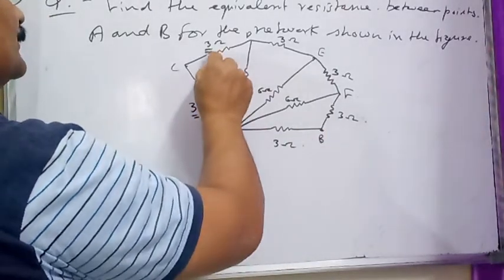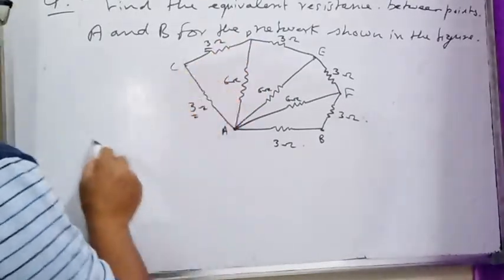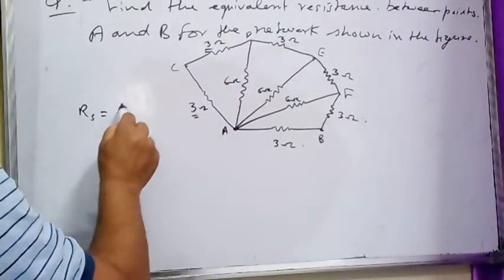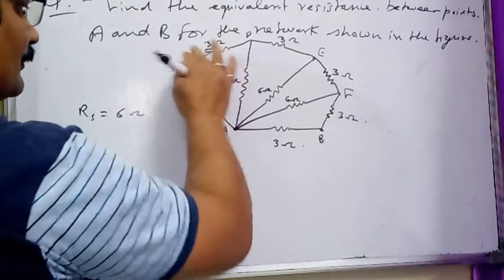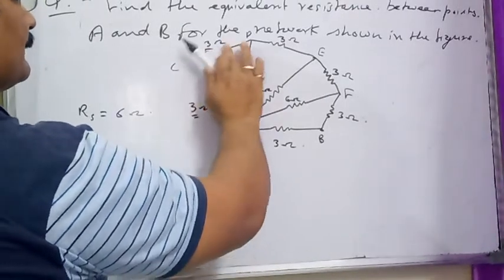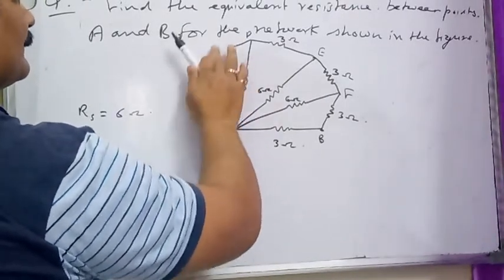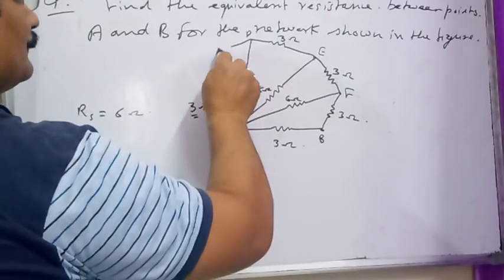The 3 ohm and 3 ohm resistors are in series, and their equivalent resistance Rs is equal to 3 plus 3, 6 ohm. After solving, this is a single resistance of 6 ohm.